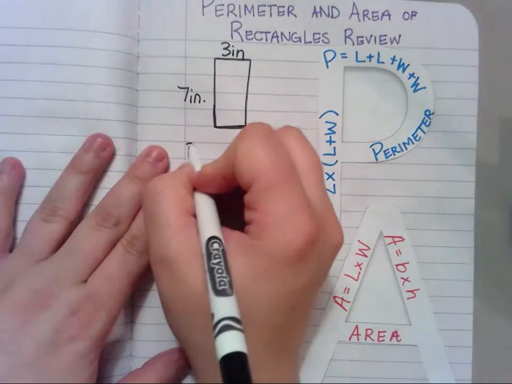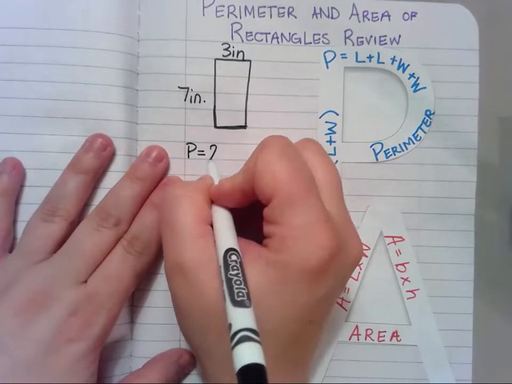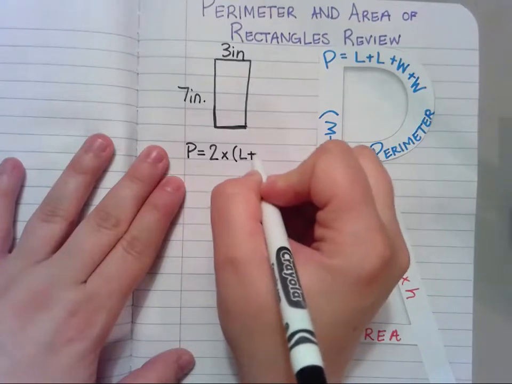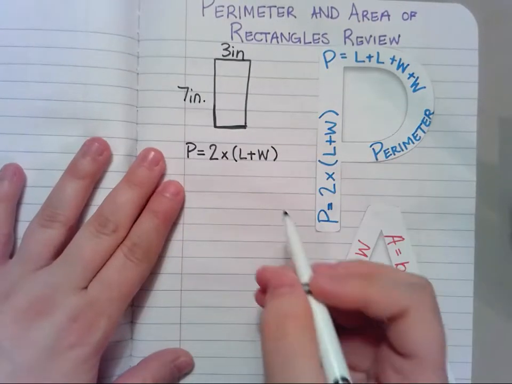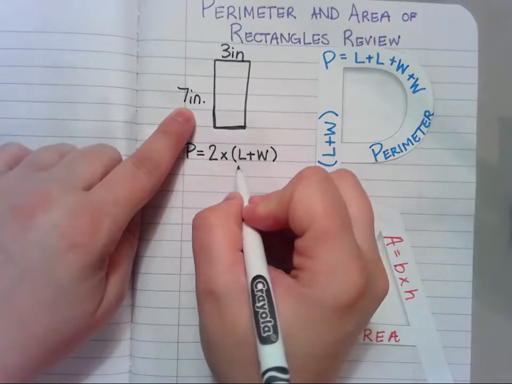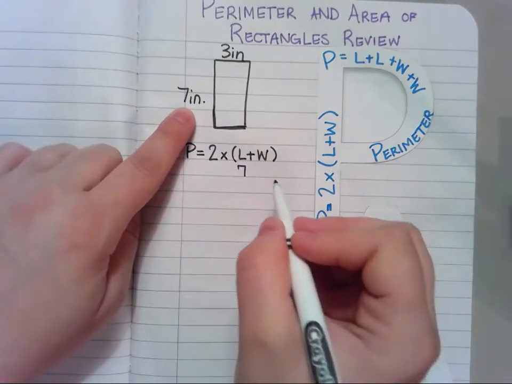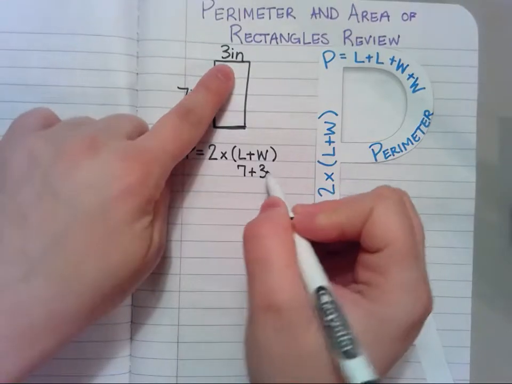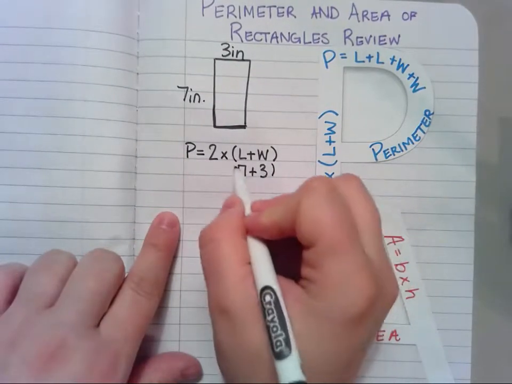We know that perimeter is equal to 2 times my length plus my width. Well, my length I can say is 7, so I just plug it in right underneath it. And my width I can say is 3. Plug it in underneath it.